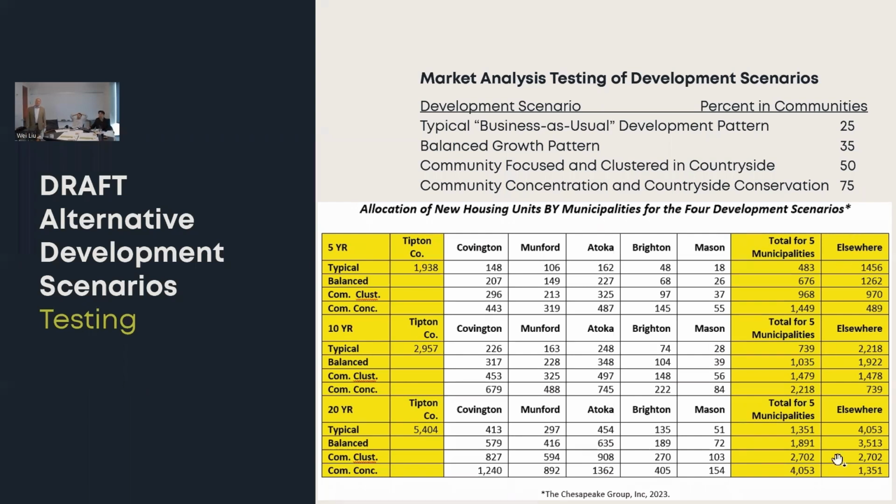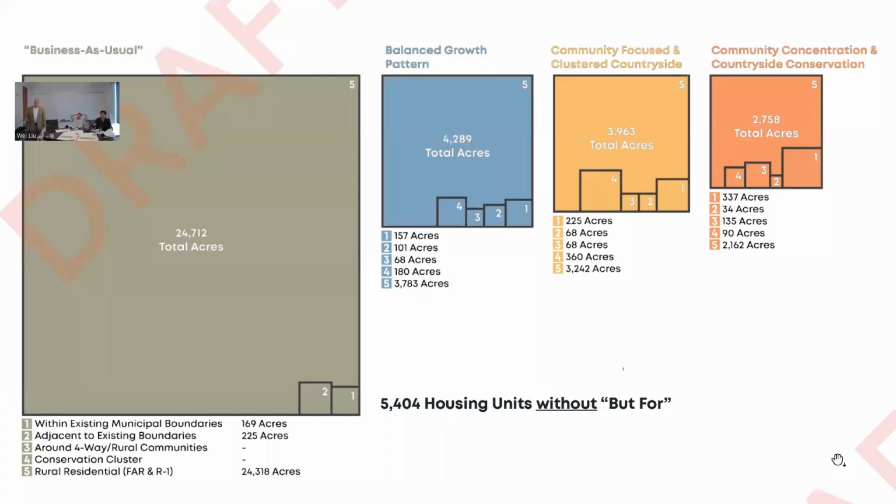Next slide, Wayne. So these graphics are intended to illustrate what the footprint is side by side for each one of these scenarios. The business as usual is in gray on your left, and the acreage footprint there is 24,712 acres. And I'll talk about what those numbers mean in those boxes as well.